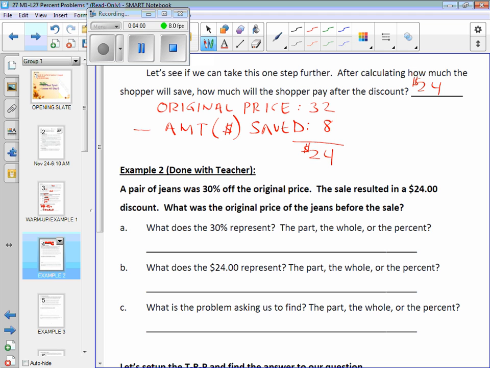And that makes 24. And we're going to give this a name too, because you got to be familiar with the terminology that you'll see more in 28 than you do in 27. But this is what's called the sales price. And that's the amount you're actually paying.